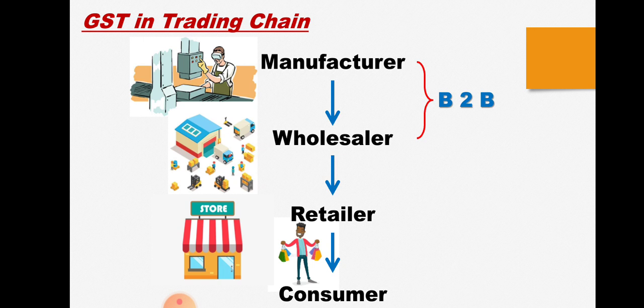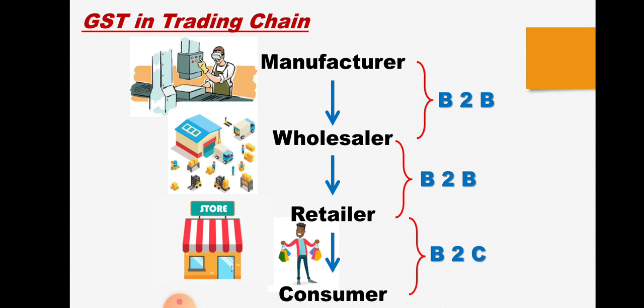Then again wholesaler to retailer is business to business. And from retailer to consumer, that is the customer, it is business to consumer, that is B2C. So in these 3 steps there are 2 B2B and 1 B2C, the last one being from retailer to customer. So in each step GST is paid and collected.